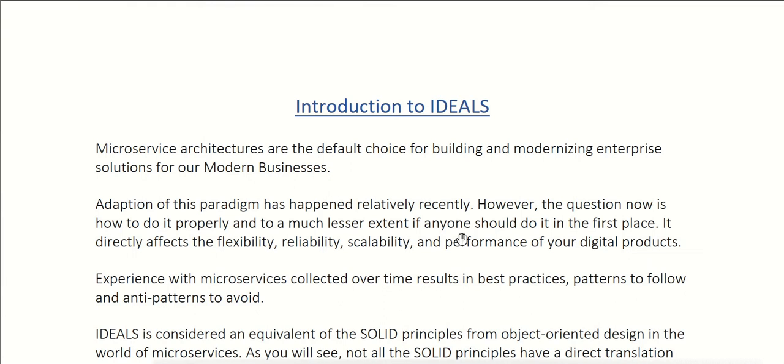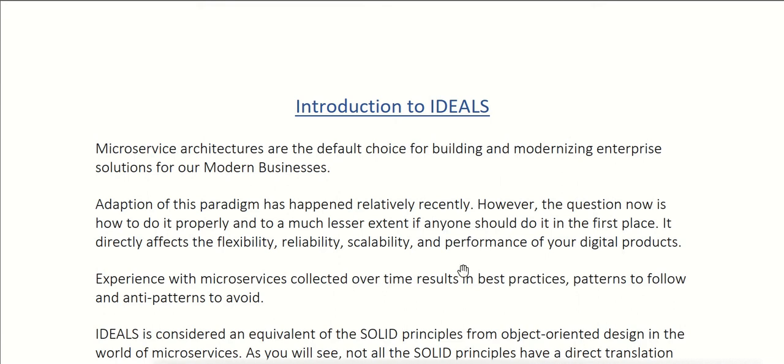Okay, so for any small change, even to a simple service, the deployment was done to the entire application or at the entire services level. Okay, so that was the case with this layered architecture, or I can say this RESTful architecture.